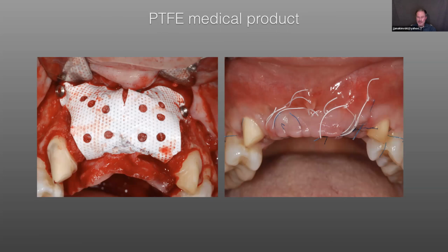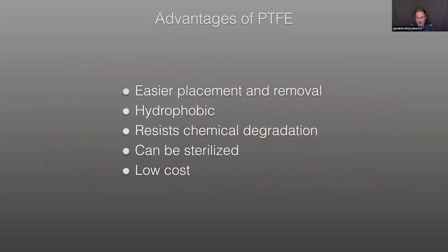So we understand the properties of PTFE. It allows air to go through it, and it's very resistant to fluids, so very hydrophobic. Because of those qualities, it makes for a good barrier material. It's easy to place and remove if it's formulated well, and I'll talk about that with respect to first plug.